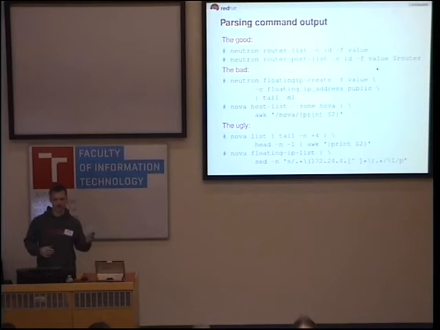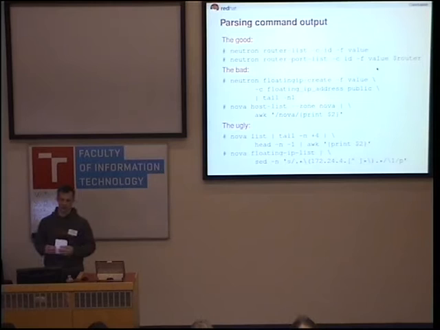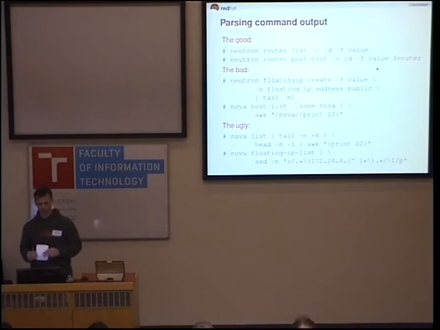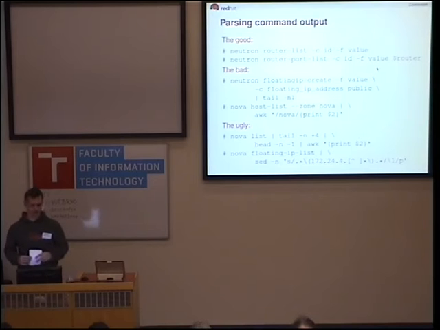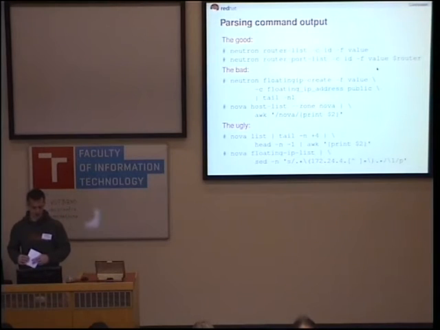The problem with parsing command line output is that ideally you have output selectors like the column and the field, which say, okay, which value do I want to have and in what form. Sometimes those are not available, so I have to go back to using tail, AWK, grep and whatnot.